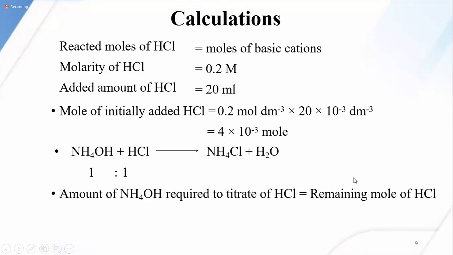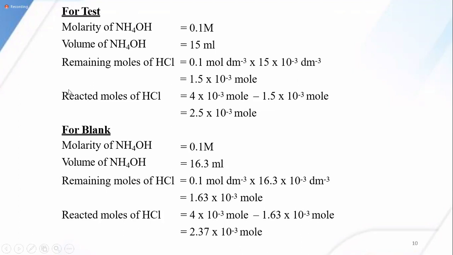So we already know the initial amount and the remaining amount, and with that we can find out the reacted amount of HCl, that means the HCl that is needed to convert the oxide into chloride. It is very simple now, you are just going to calculate the moles. Are you clear about this calculation for the test?